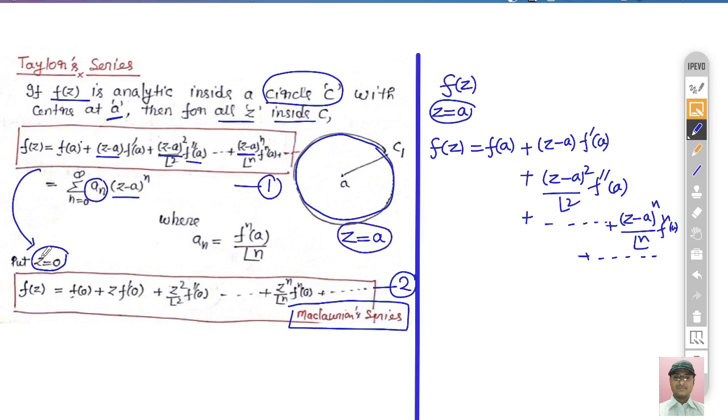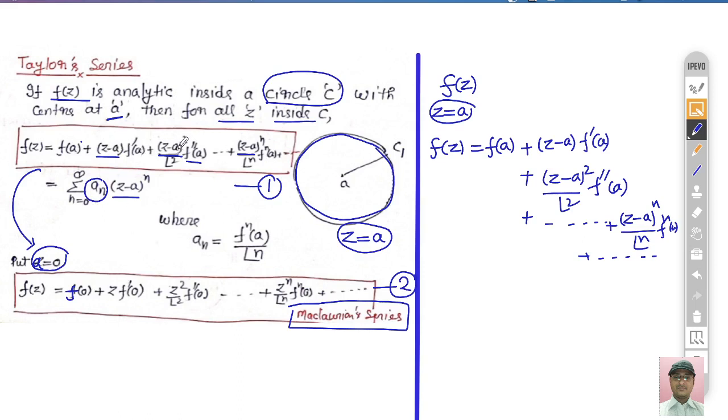Now if we put a is equal to 0, or you can say we are expanding this Taylor series about the point z is equal to 0, that is the origin, what will the Taylor series form be? Once you put a is equal to 0, from equation number 1 you can write f(z) is equal to f(0) plus (z minus 0) f dash 0, right.